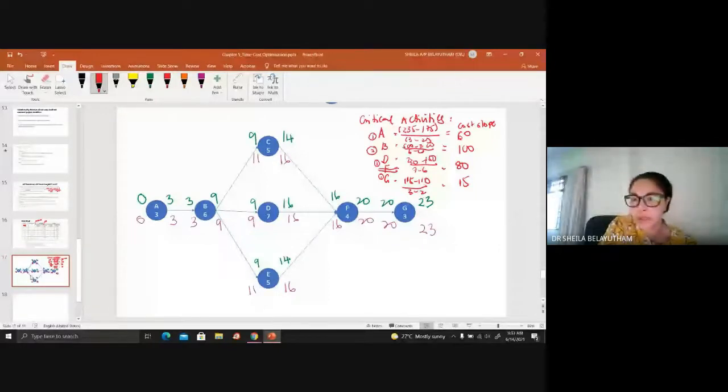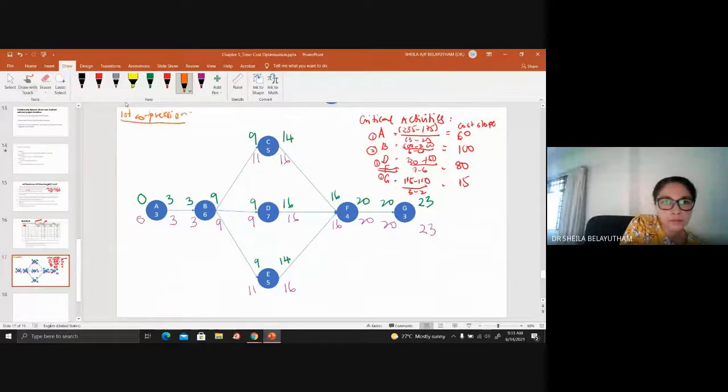So the next step is basically for us to do the compression. Let's conduct the first compression.